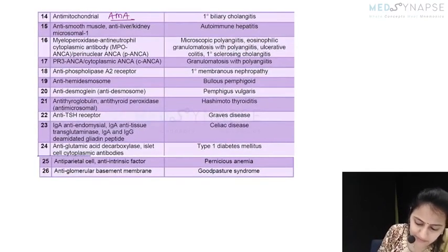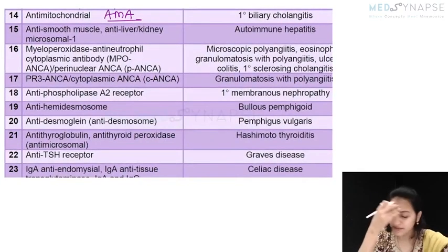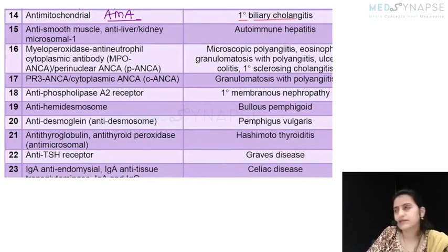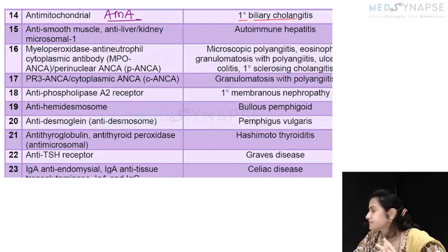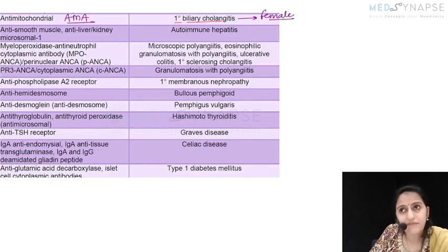Anti-mitochondrial, that is AMA antibody, is primary biliary cholangitis. In primary biliary cholangitis, the age group affected is female, right?